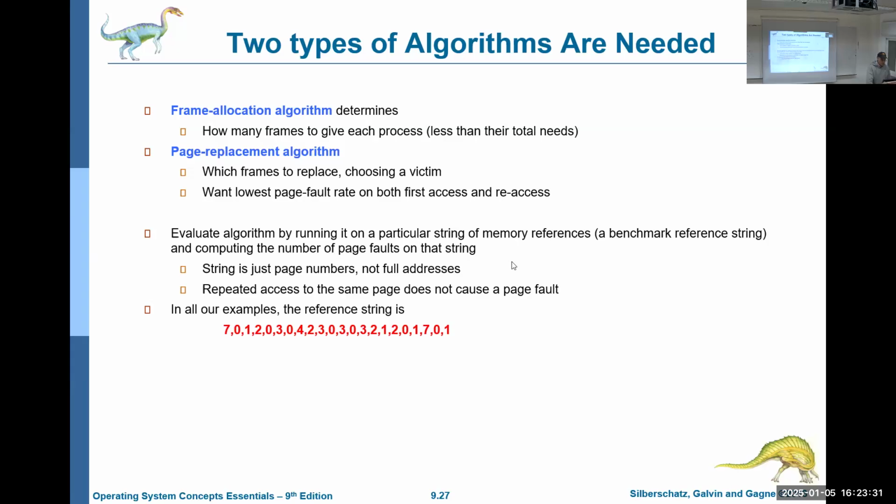The reference string is just page numbers, not full addresses, because we don't care which address in the page he accessed. Either he needs this page or he needs a different page. Repeat access to the same page does not cause a page fault, obviously.